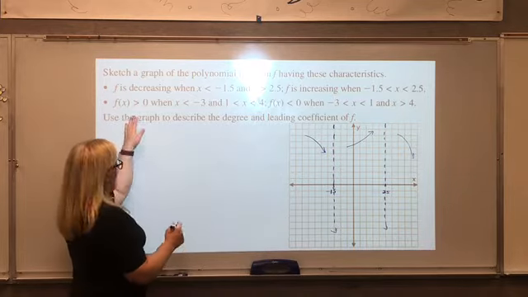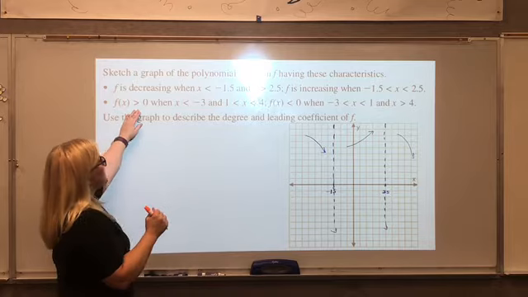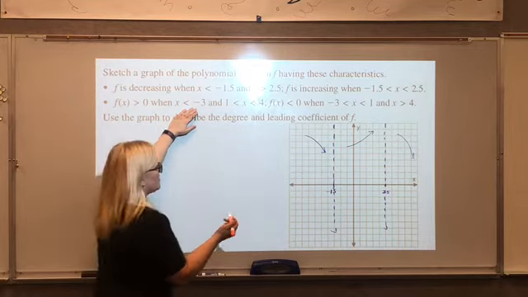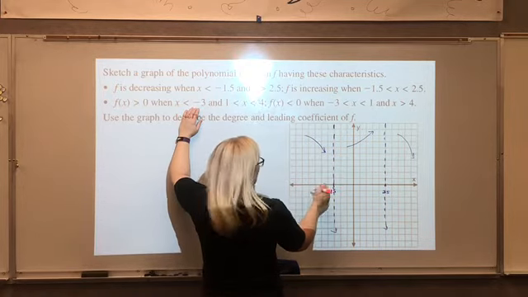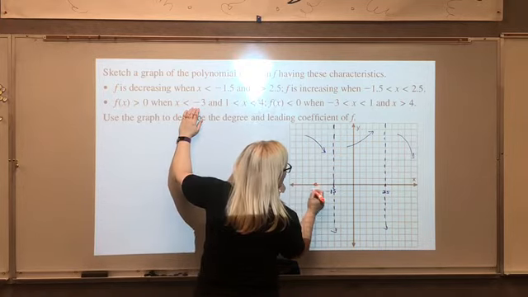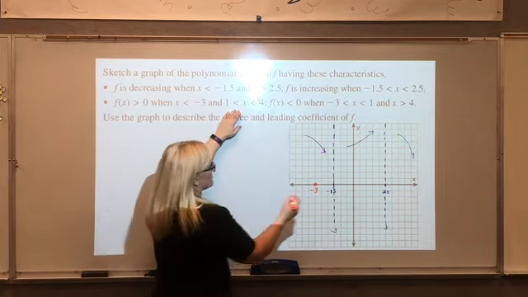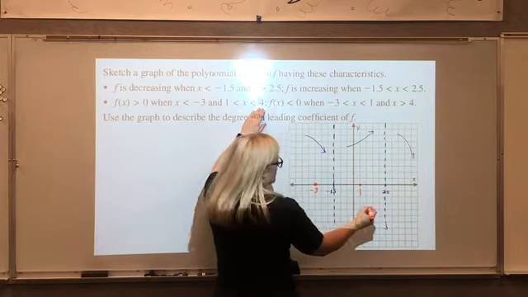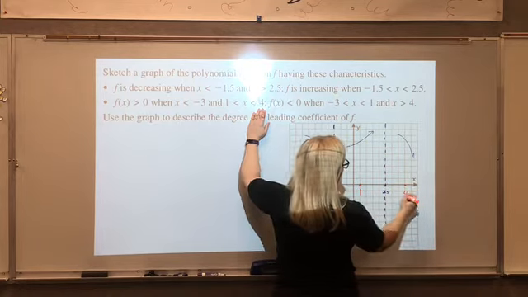All right, now I'm going to use a different color. f of x is positive when x is greater than negative 3 and less than 1.5. I'm going to put a dot at negative 3. That's where it's going to cross the x-axis. And it's also going to cross at 1, and it's also going to cross at 4, like this.